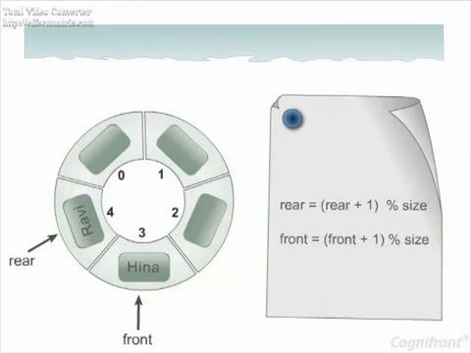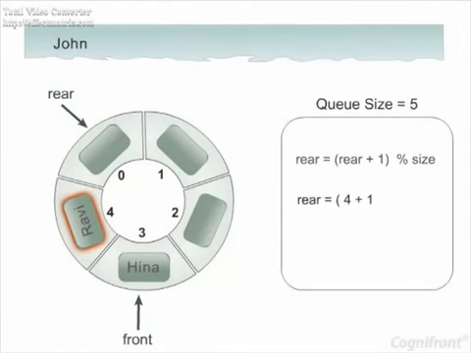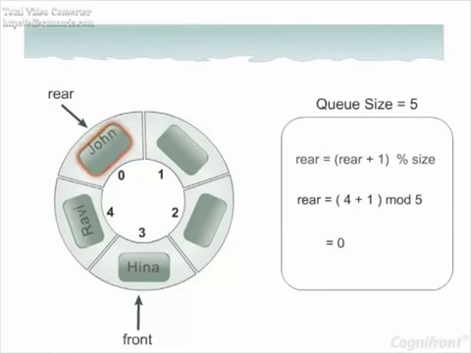Suppose now we want to store the name John in the queue. For that, first of all, we will shift rear to insert the name. Hence, rear is equal to (4 + 1) mod 5, which is equal to 0. So, we store the name John at the 0th location.